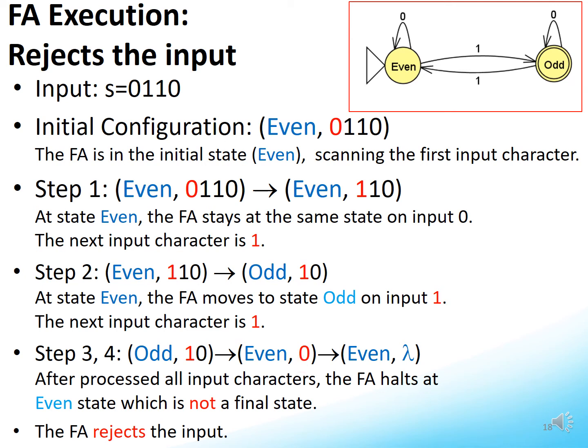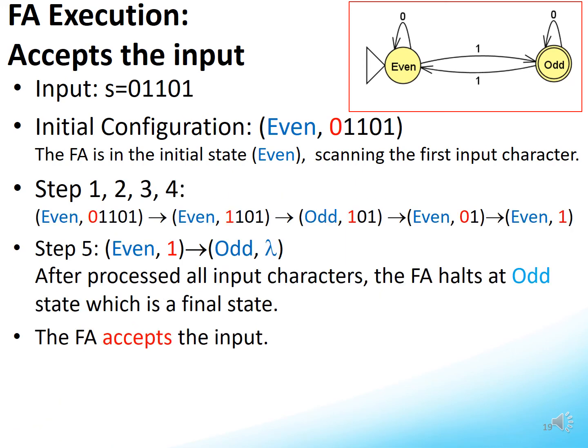Finally, the machine stays in the even state after processing the last character 0, and the input is empty. The machine stops, no more input. The machine cannot move anymore, and you observe that the state of the machine is not a final state. So we say that the machine rejects the input.